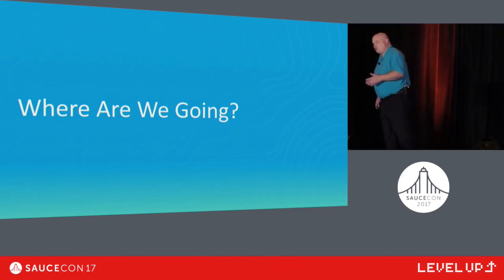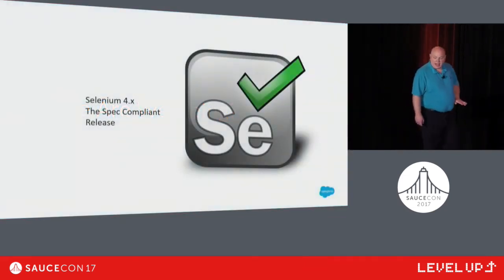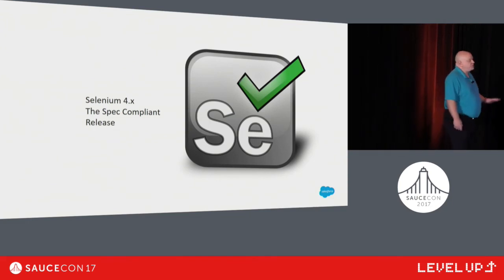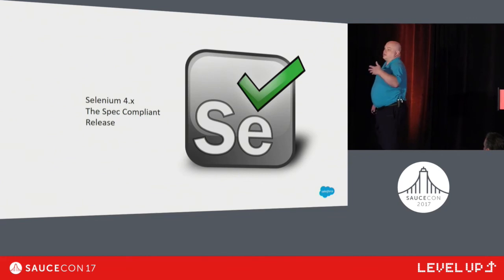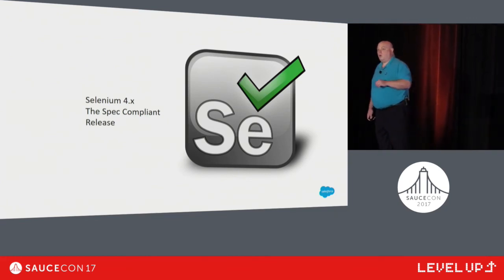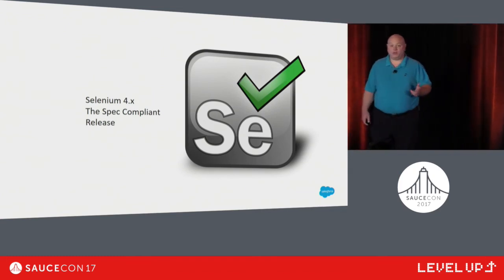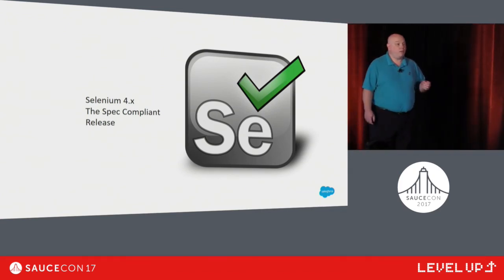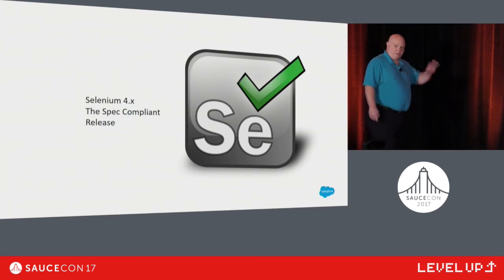And now let's chat a little bit for just a few minutes about where the project is going. So the first thing is Selenium 4. In the near term, the specification is going to go to recommendation. We already have WebDriver implementations for drivers from all of the major browser vendors for the browsers that they currently support, or the browsers that are their current focus.